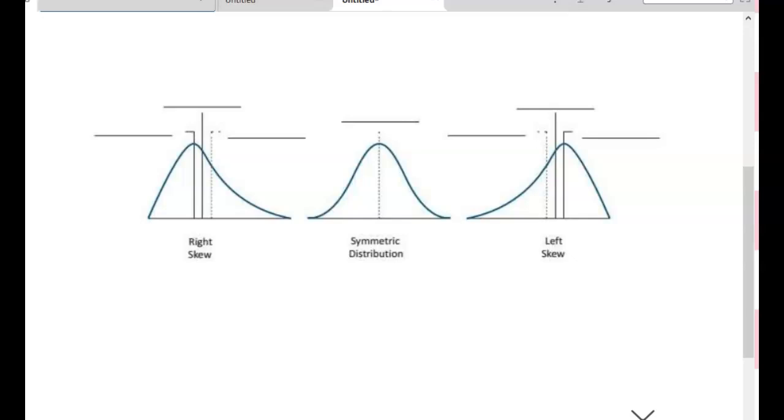So clearly, for the symmetric one, the mean, median, and mode are on the same line, right? They should be close in range, okay? So kind of like we saw 26, 26.05, they should all be aligned, okay?